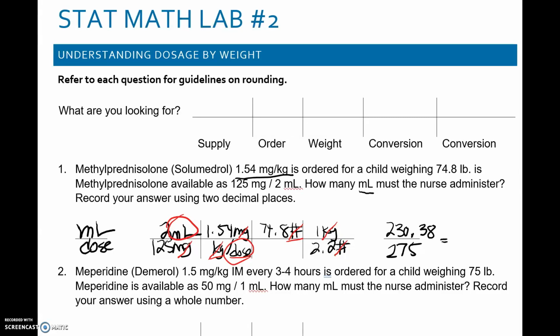When you divide 230.38 divided by 275, you get a long 0.8377454. And when you look at 2 decimal places, we're actually going to make this 0.84 mLs per dose.